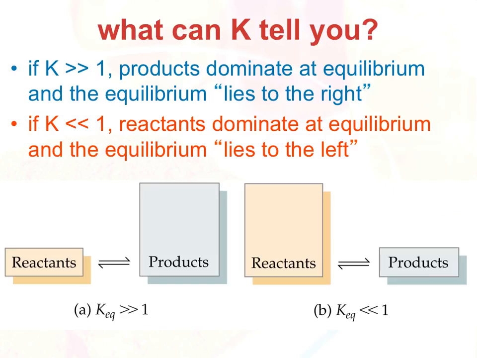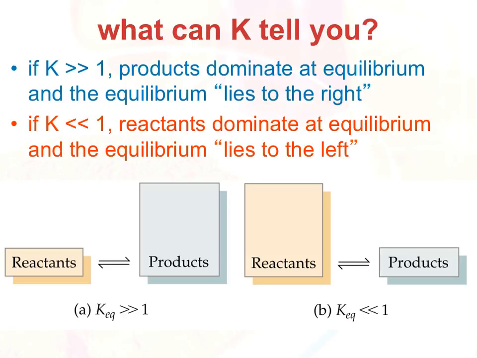So what can K actually tell us? Basically, guys, K, remember, is the ratio between products and reactants. So the bigger your K is, the larger the quantity of products that should be present relative to your reactants. What we say when we have very large Ks is that the products dominate or predominate in that reaction, or the reaction lies to the right.